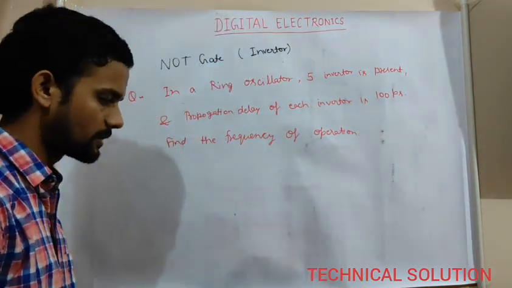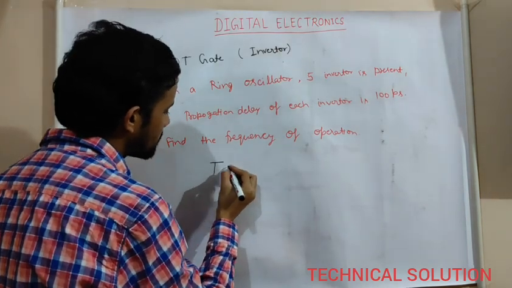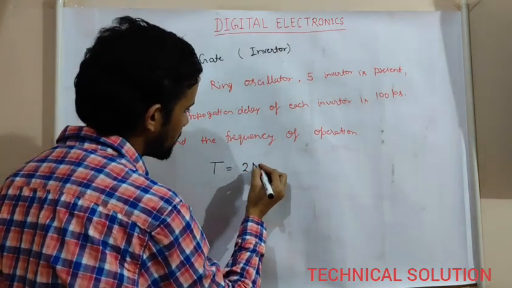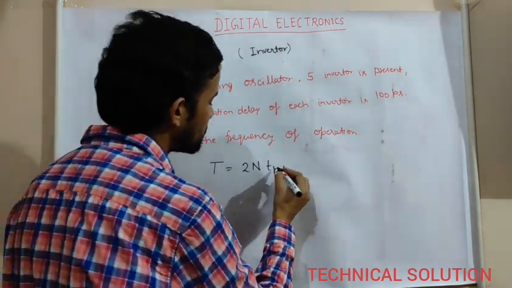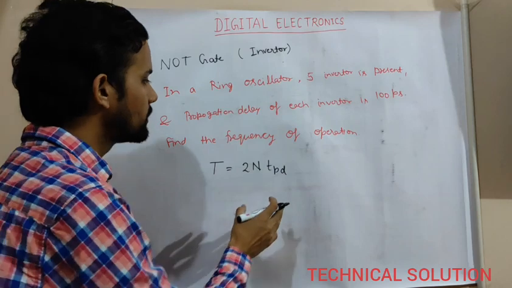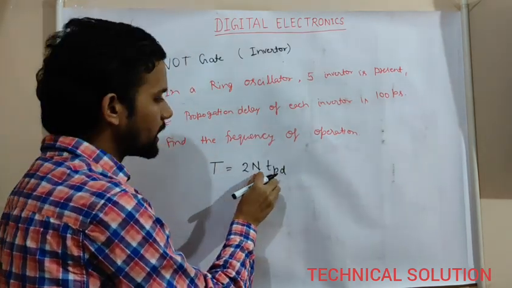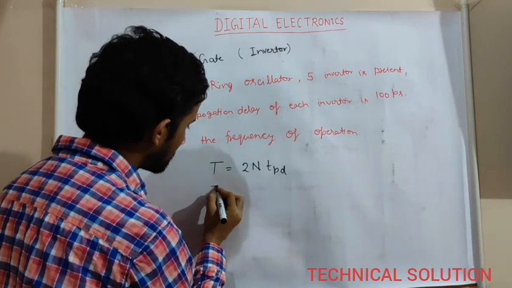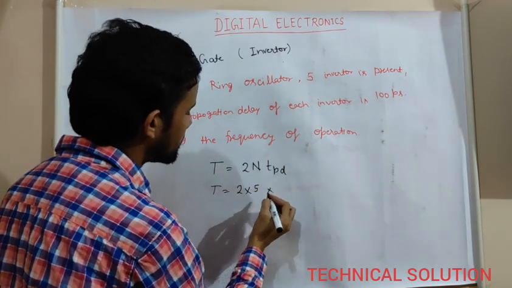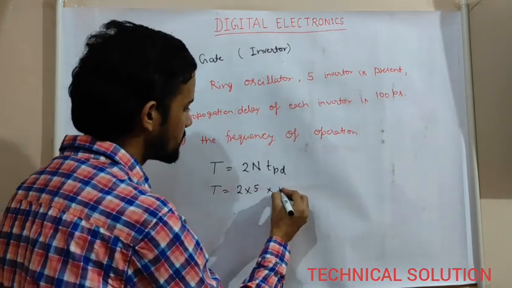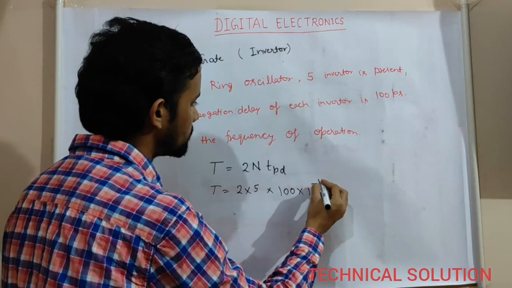As you see, the time period is given by 2n TPD, where TPD is the propagation delay of an inverter and n is the number of inverters. Here the number of inverters is 5 and TPD is 100 picoseconds, that is 100 into 10 to the power minus 12.